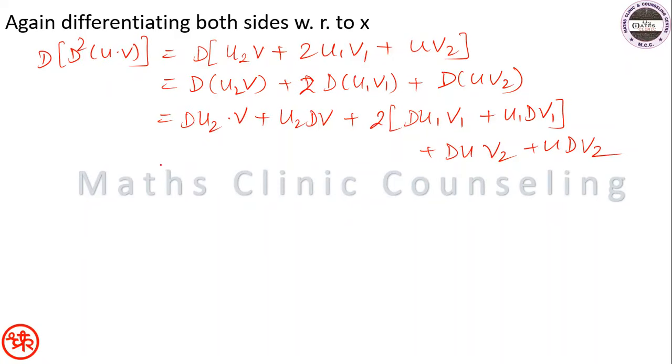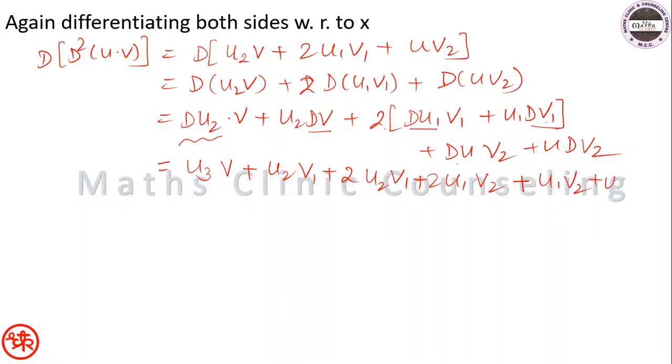Is that clear? So d of u2 would be u3 into v, plus u2 into d of v, which is v1, plus 2 d of u1, which is u2 into v1, plus 2 into u1 d of v1, which is v2, plus d of u into v2, that is u1 v2, plus u into d of v2, which is v3.